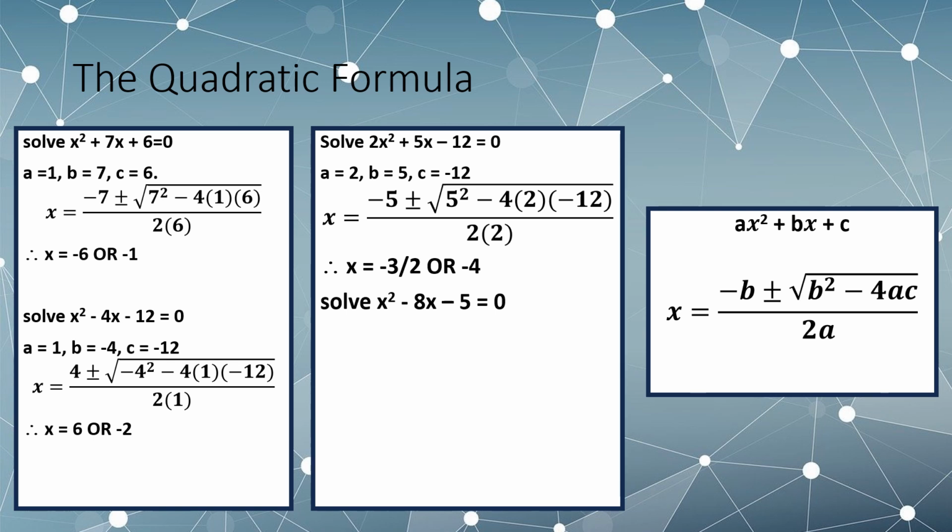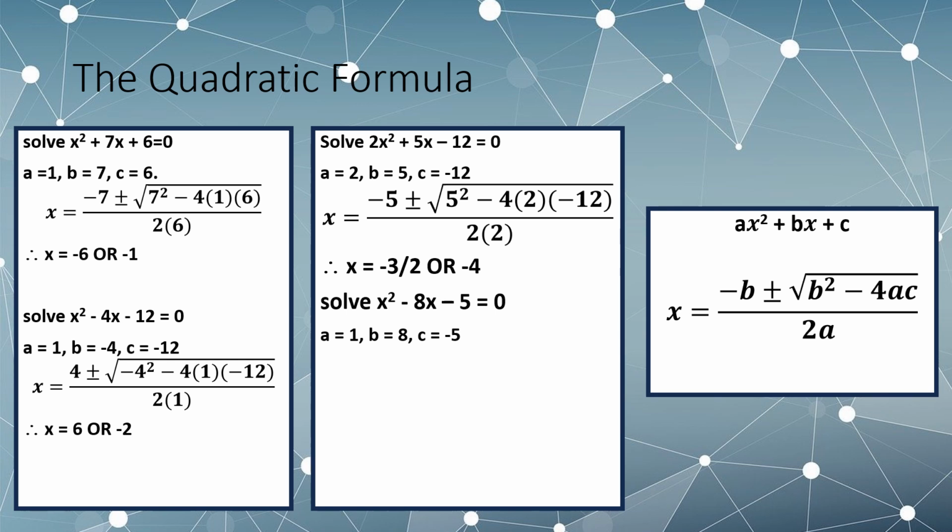Last example now, using the equation, we have x squared subtract 8x subtract 5 is equal to 0. So our a is equal to 1, our b is equal to negative 8, and our c is equal to negative 5. Now, for an example like this, you'd usually need to use completing the square if you're factorizing, but we can just plug our numbers into the equation.